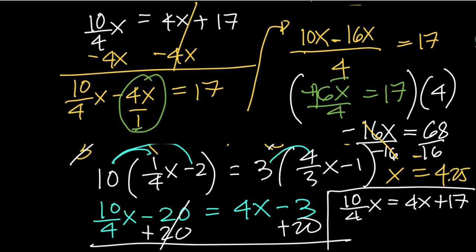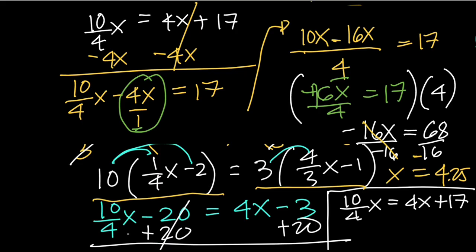Maybe there's a mistake. Because we multiplied everything by 15, right? 15 divided by 3 is 5. Then 5 times 2 is 10. So we have this, 10 times (1/4 x minus 2). 15 divided by 5 is 3. So we have this. Then we distributed 10 over 4x minus 20. Then 4x minus 3. Then we get rid of 20.